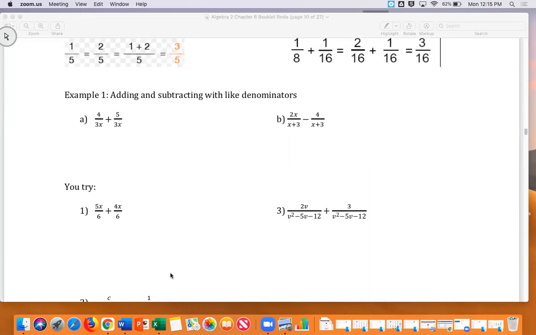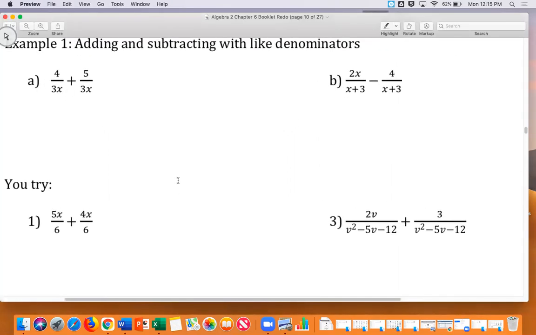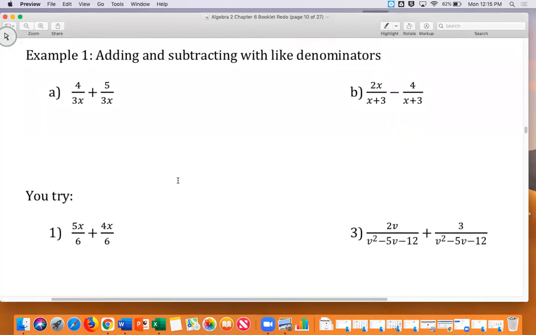So for these first couple, they're pretty straightforward. Notice they all have like denominators. The only thing we have to pay attention to is reducing. Just like a normal fraction, if we had 3/8 plus 3/8, that would be 6/8.